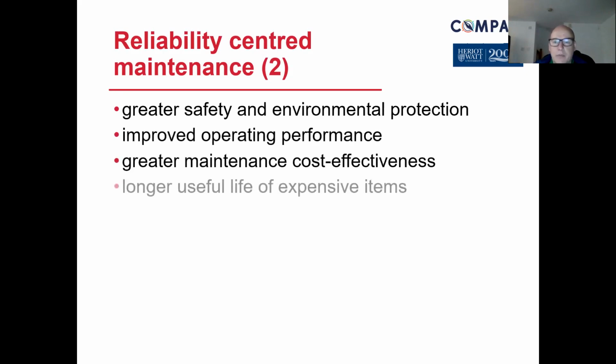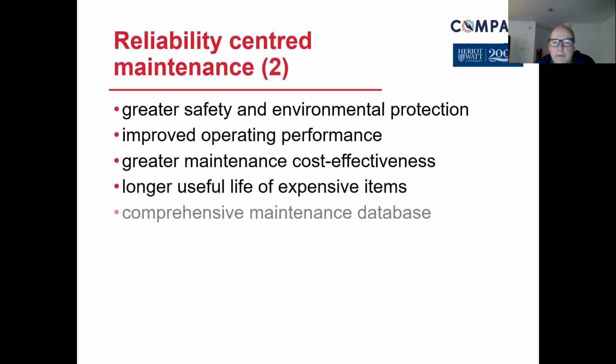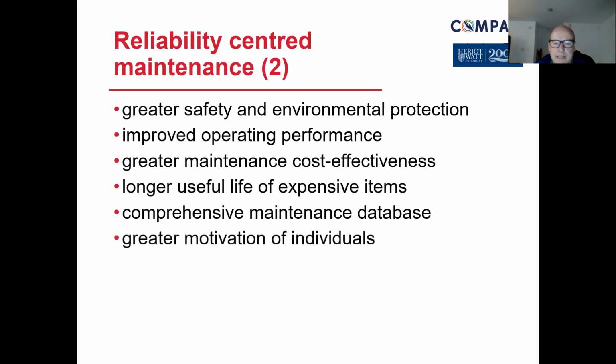It's used a lot to improve performance, more cost effective, speculating to accumulate. Some would argue that that's not the case, because you end up with a lot of components in the stores waiting to be used for longer periods of time. But there is the issue of expensive items being stored. Comprehensive maintenance database: it shows you each little part and how much of those you'll need in your backup.